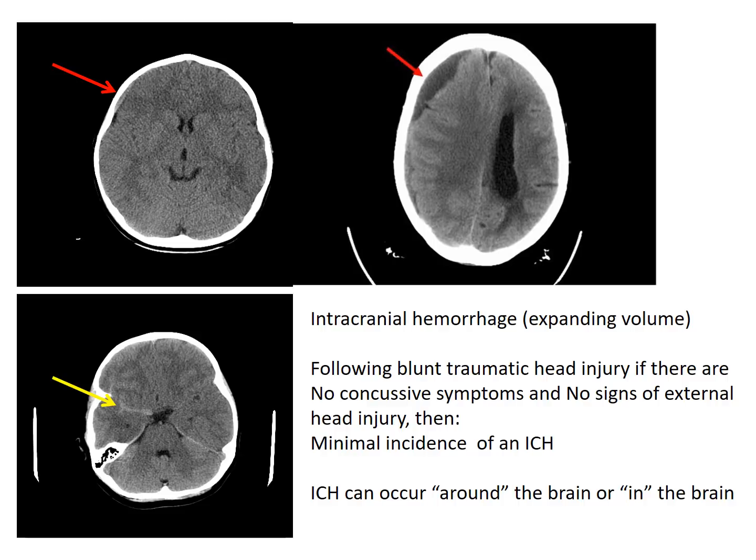We can have subarachnoid hemorrhage happening in the subarachnoid space. Those would all be examples of bleeding on top of the brain. And then we can have intraparenchymal bleeding, so bleeding which is actually occurring in the gray and white matter of the brain.